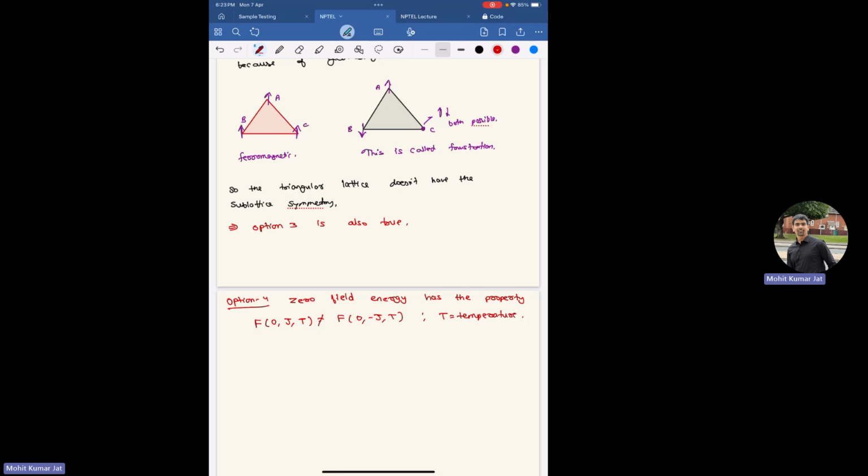Now let's write it and then we'll come to know. You can write the zero field partition function: if the partition functions are the same, then the zero field energy will be the same. If the partition functions are different, then the resultant zero field energy will also be different.